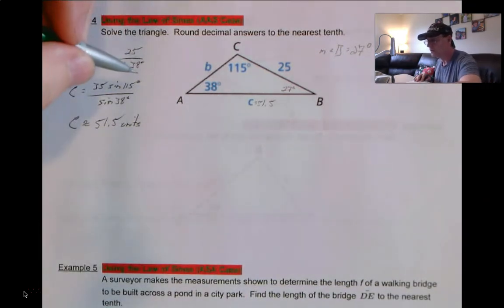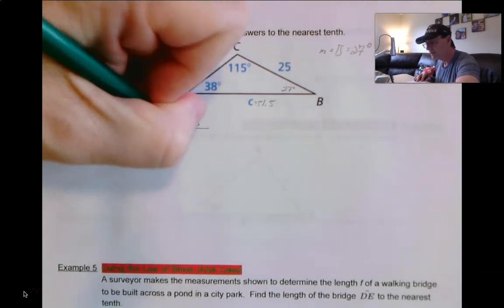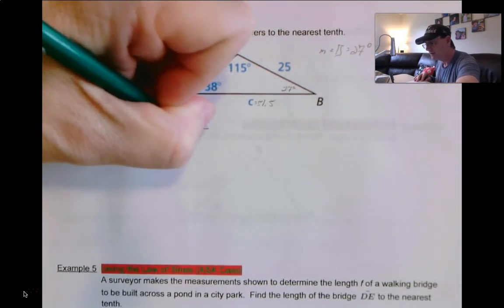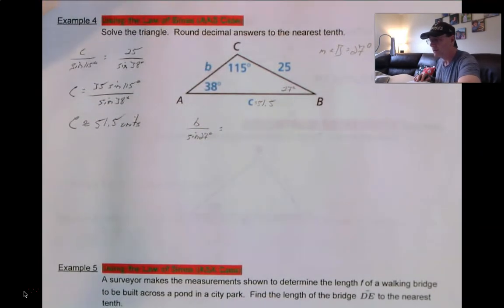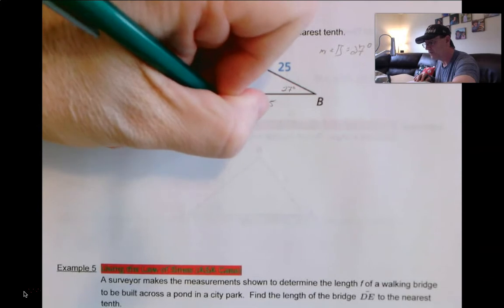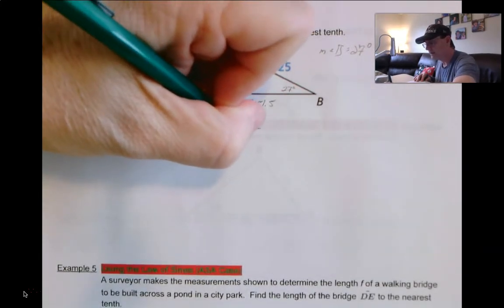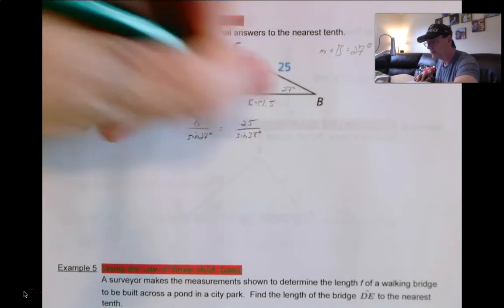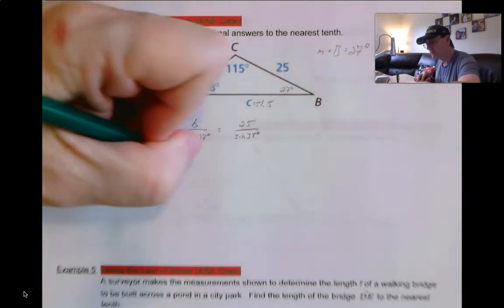So we're going to go little b over sine of angle B, or sine of 27 degrees, equals little a, which is 25, over sine of angle A, which is sine of 38 degrees. Solve for the little b, multiply both sides by sine of 27 degrees.